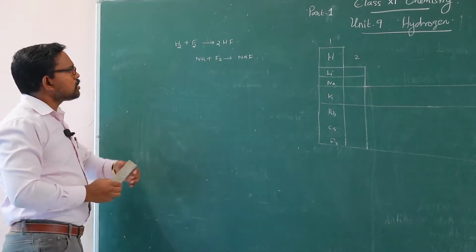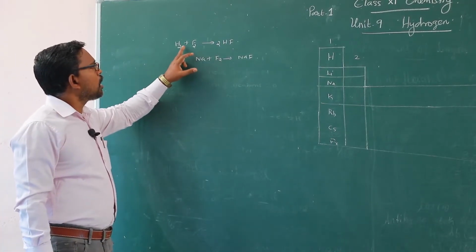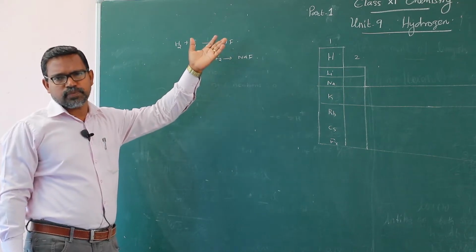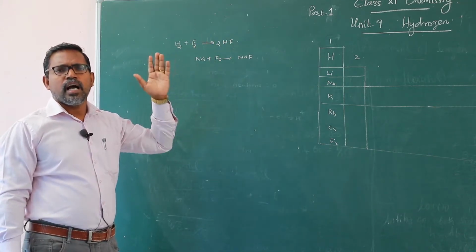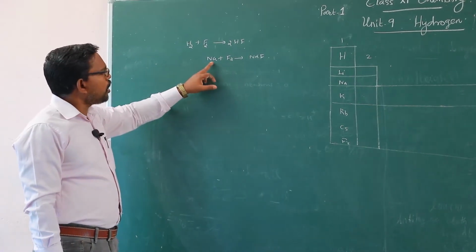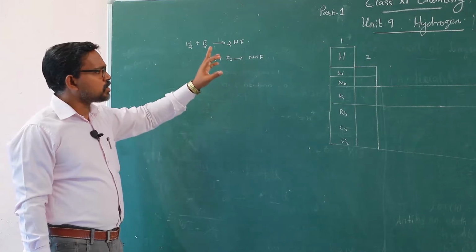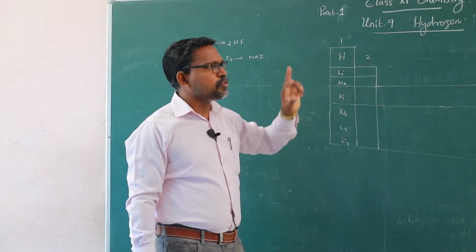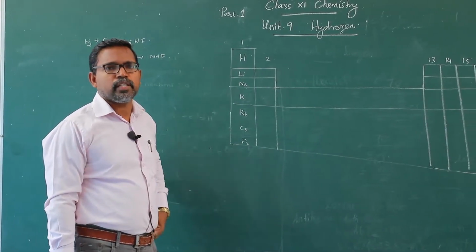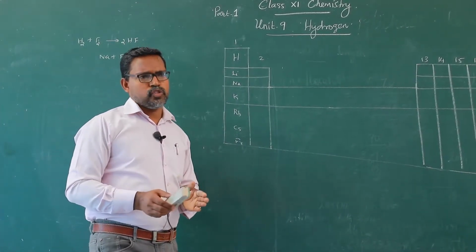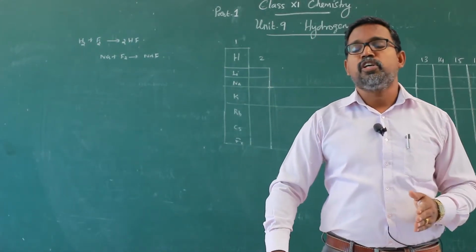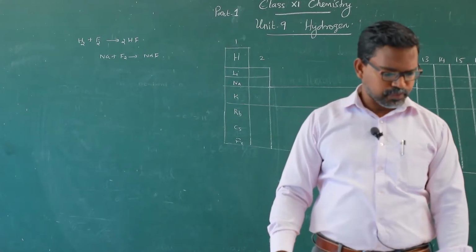In a similar way, hydrogen combines with the halogens to form hydrogen halides: hydrogen fluoride, hydrogen chloride, hydrogen bromide and hydrogen iodide. And also all the alkali metals, lithium combines with fluorine to give lithium fluoride, sodium combines with chlorine to give sodium chloride. So it resembles alkali metals in combining with the electronegative elements.